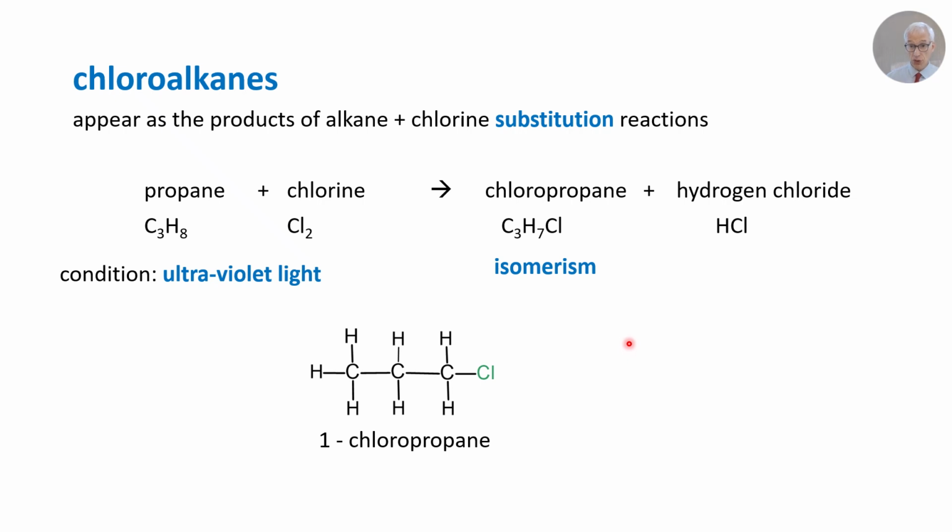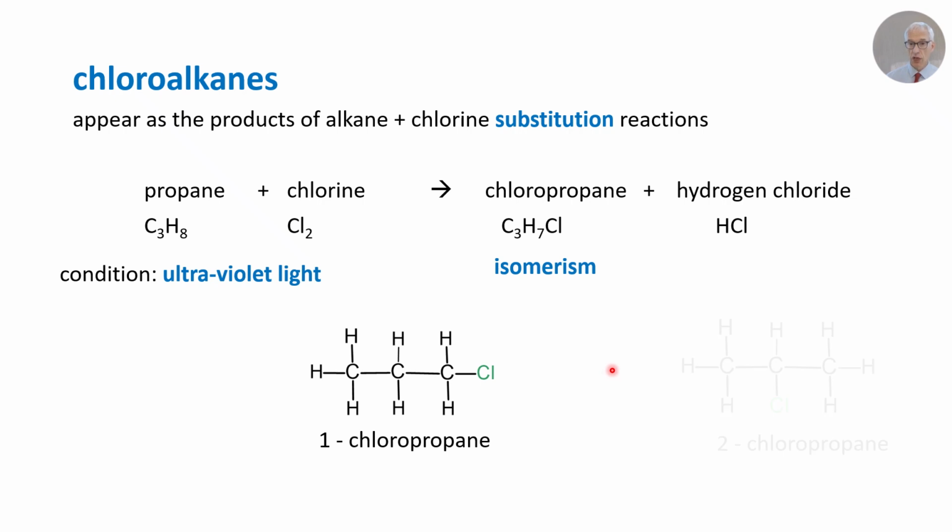Stop the lesson or pause, think it through. What would be the second possible isomer of C3H7Cl, of chloropropane? If 1-chloropropane exists, what could be the same molecular formula but a different structure, an isomer?